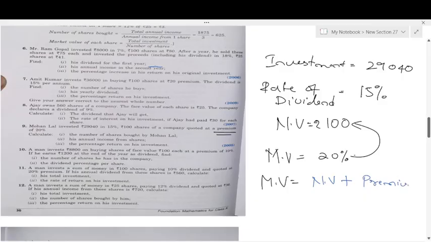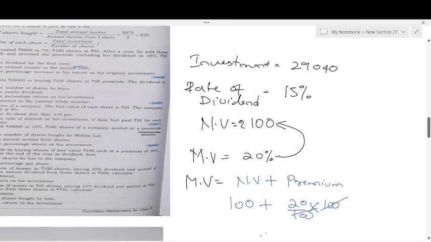Nominal value plus premium. What is nominal value we have? 100 plus premium, given in rupees or percentage. So 20 divided by 100 into, which one do you have to calculate? Into nominal value. What is nominal value? 100. 100 and 100 get cancelled. What's the answer, students? 100 plus 20, 120.